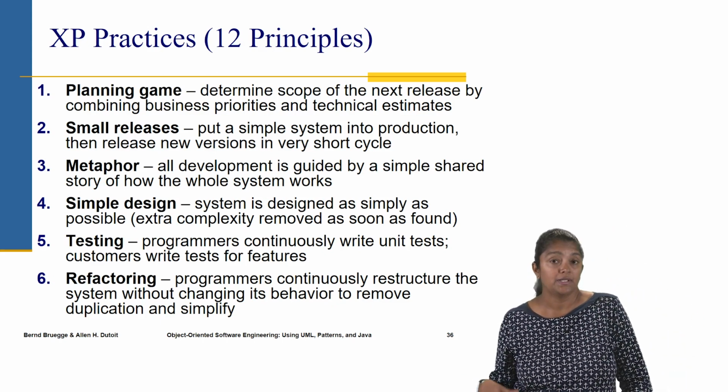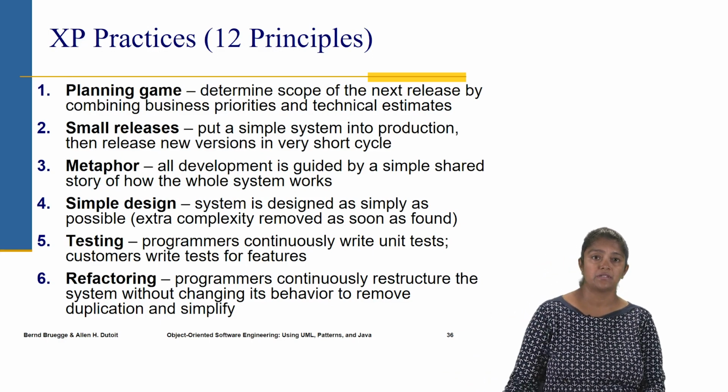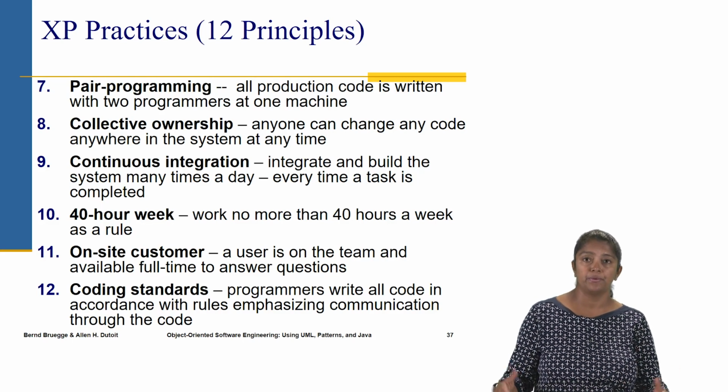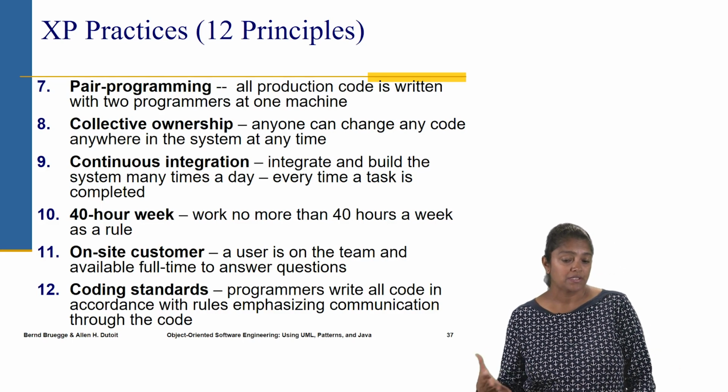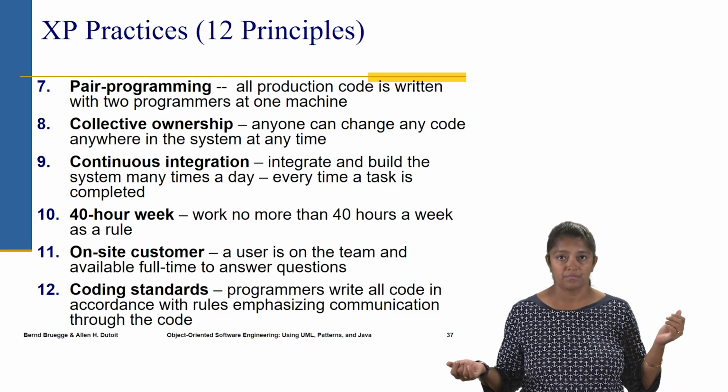Simple design, testing like we discussed, refactoring where refactoring is continuously done, pair programming, where reviewing is considered very important, collective ownership where anyone can change any code anywhere in the system.